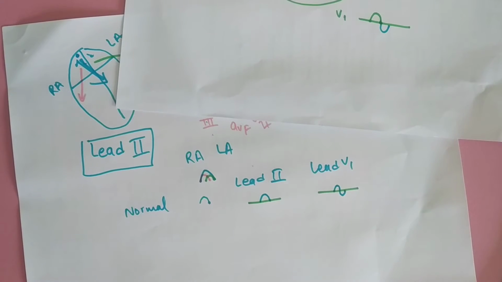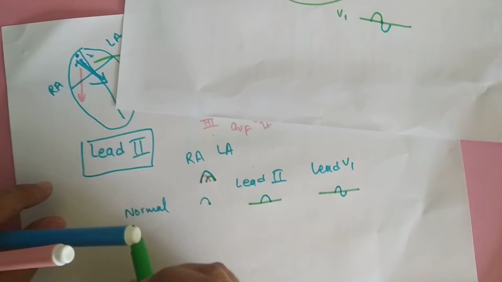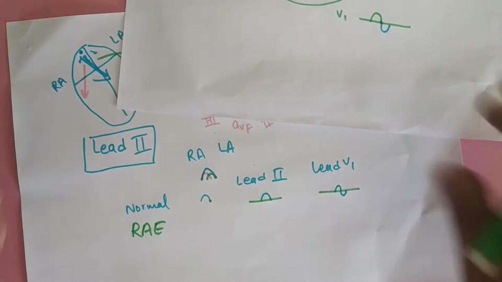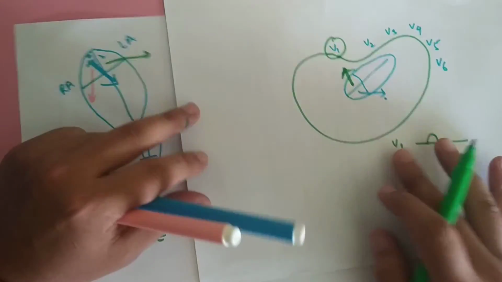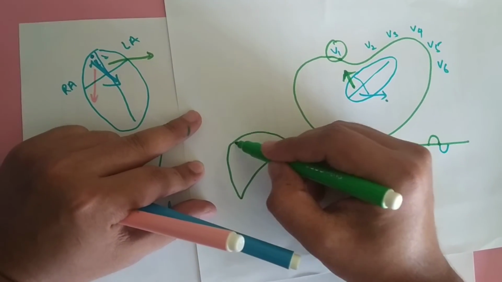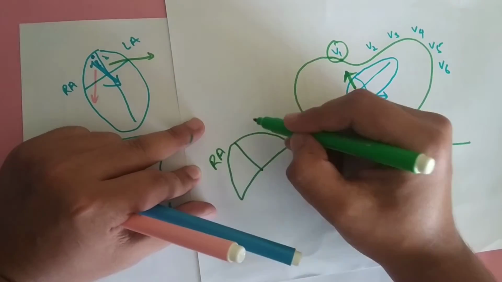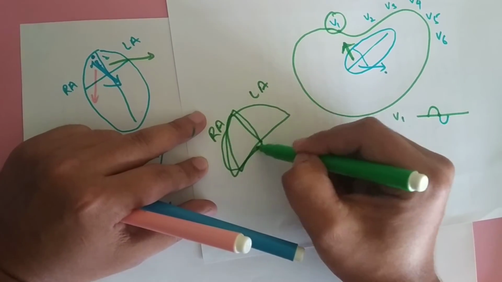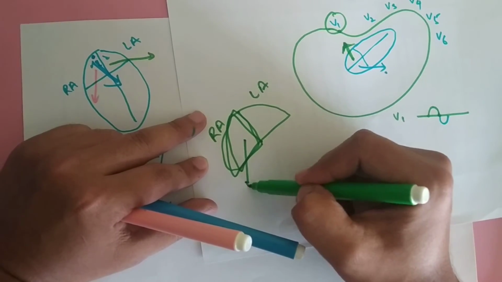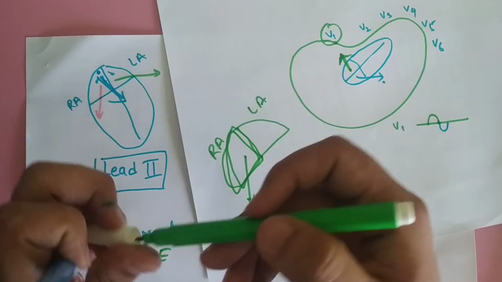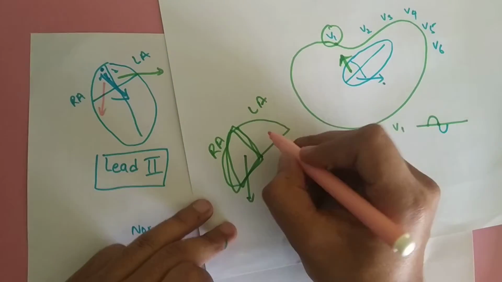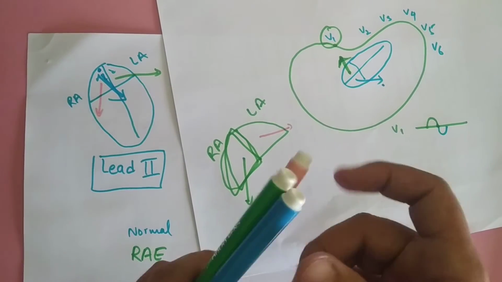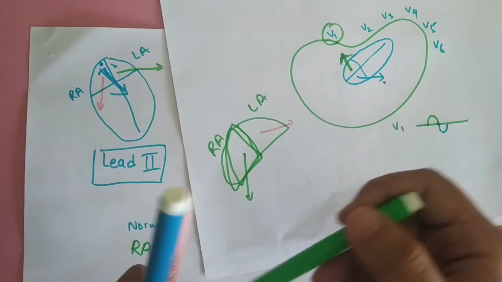Now suppose we have the case of right atrial enlargement. Suppose right atrial enlargement is there. Let's say this is your atrium, this is the right atrium, this is your left atrium. When this part is enlarged, the resultant vector will be greater than the resultant vector of left atrial depolarization, because it is enlarged, so muscle mass will be more and the overall vector will be more.